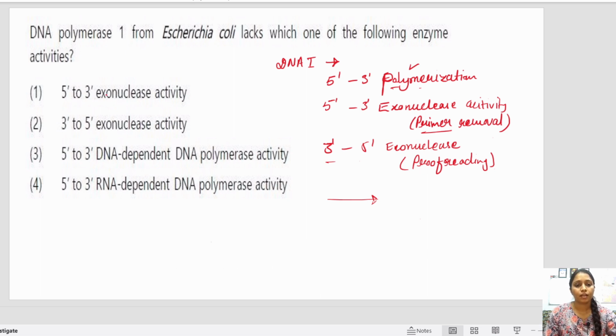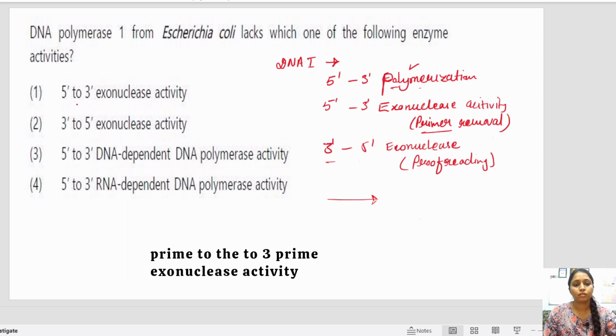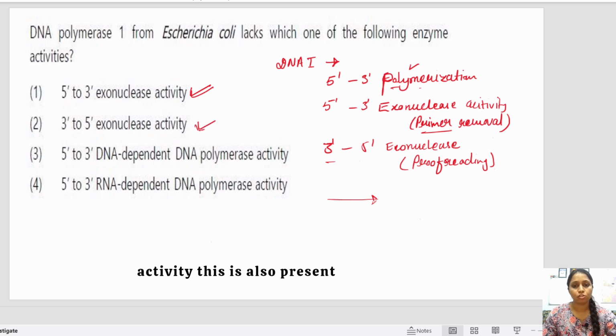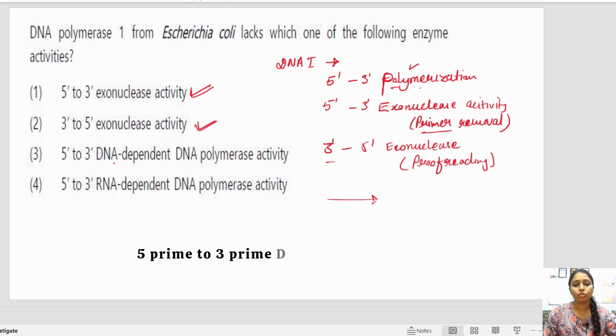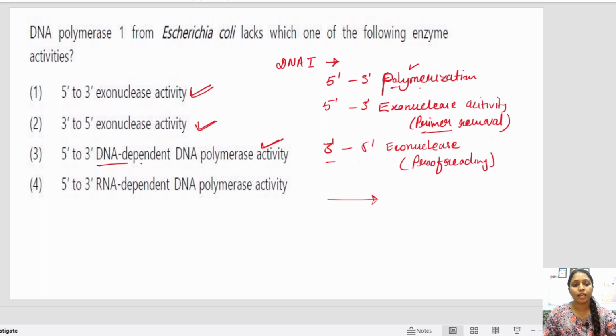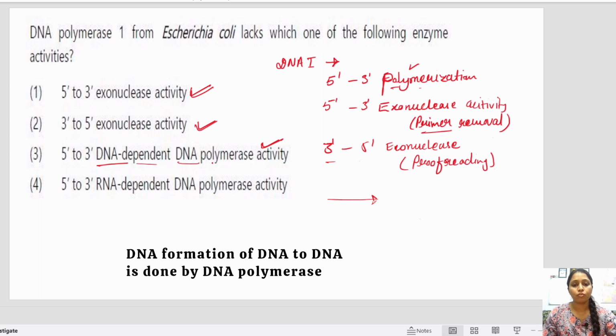So let's go back to the question. 5' to 3' exonuclease activity: this activity is present in DNA polymerase I. Then 3' to 5' exonuclease activity: this is also present. 5' to 3' DNA dependent DNA polymerase activity: this is absolutely correct, because formation of DNA from DNA is done by DNA polymerase.